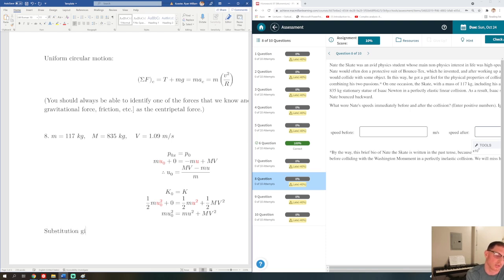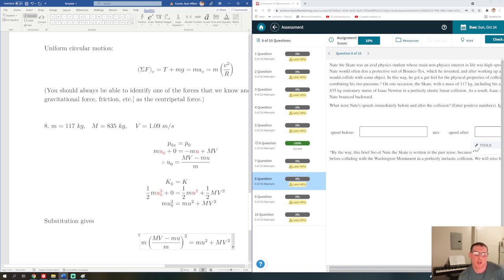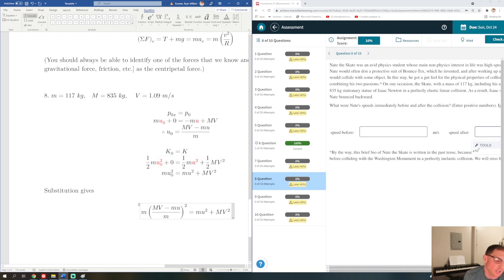Substitution gives this: now this is u naught from our momentum equation, and this equals m u squared plus big M big V squared. We've essentially turned this into one equation with one unknown. And we could do that thing I was talking about earlier, where you take the ratio of the masses. That would be fine.